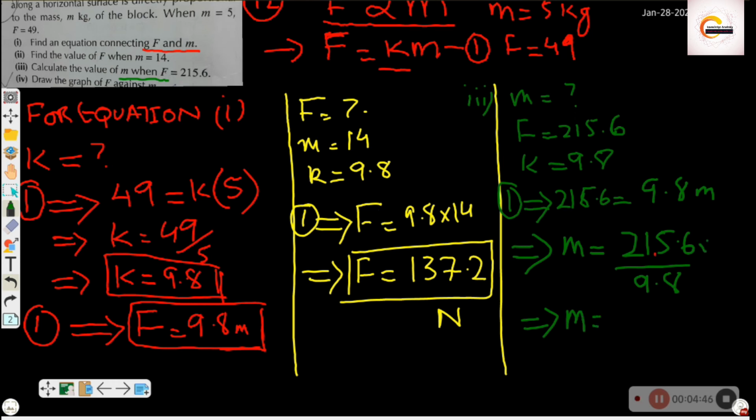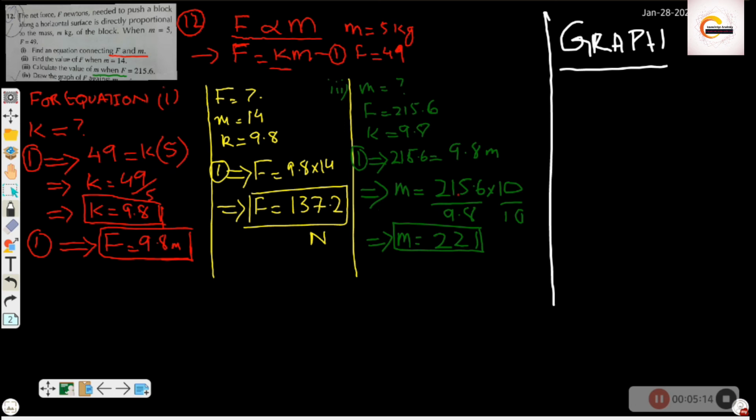We have to remove the decimal, multiplying by 10 in both numerator and denominator, and we will get 2156 upon 98, and then after cancellation we will get m is equal to 22. I've already solved it, that's why I'm doing it directly.